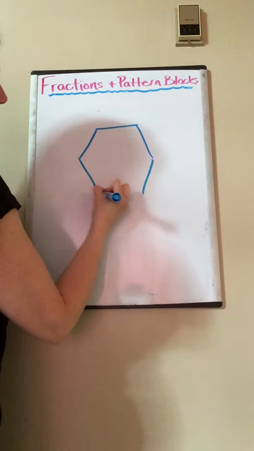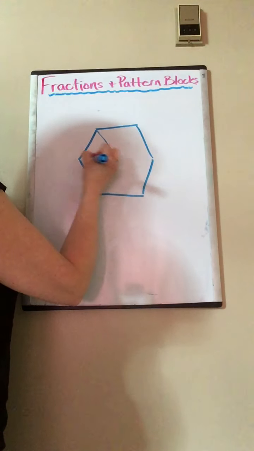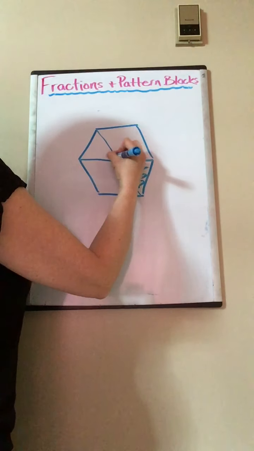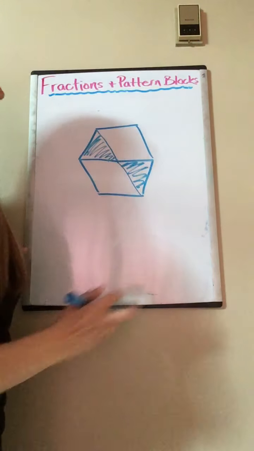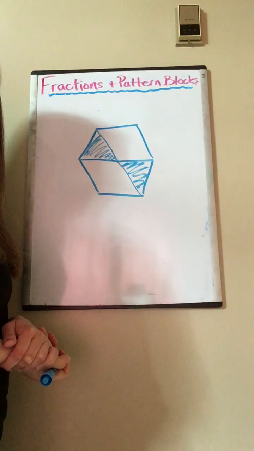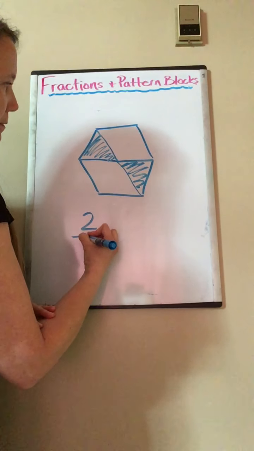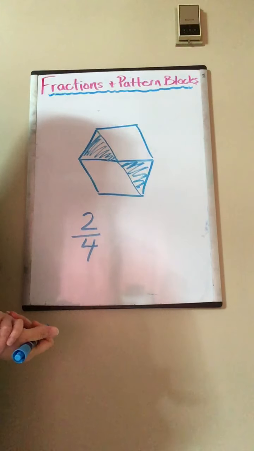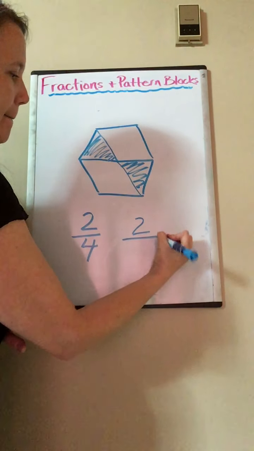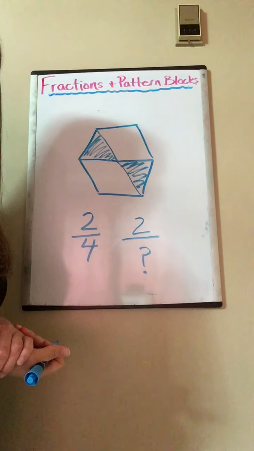Tell me what you think the fraction is for these shaded parts. What do you think the fraction is for that one? Is it 2/4? Or is it 2? I wonder what that denominator could be.